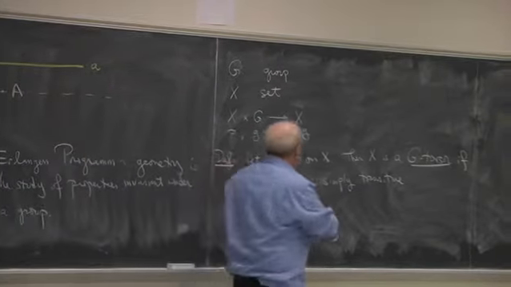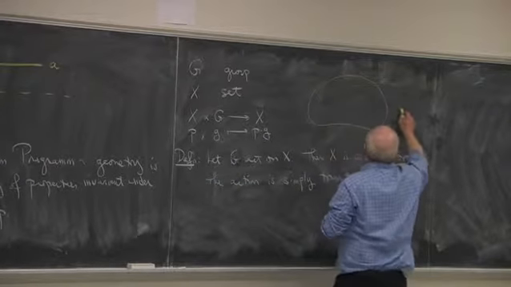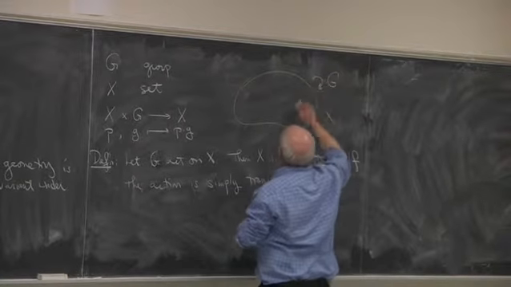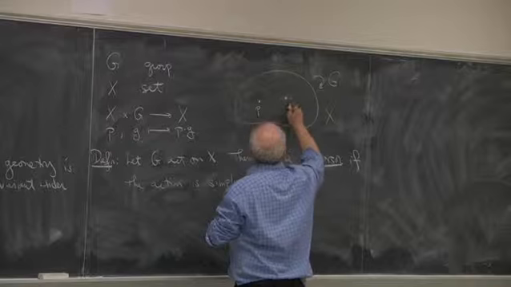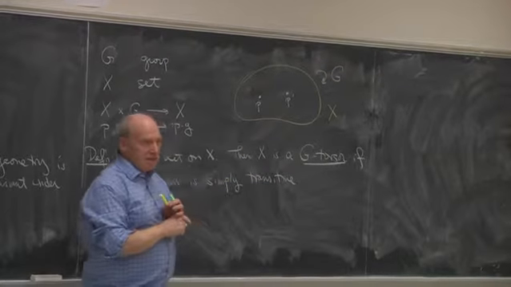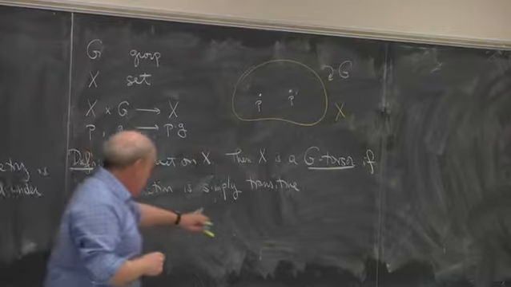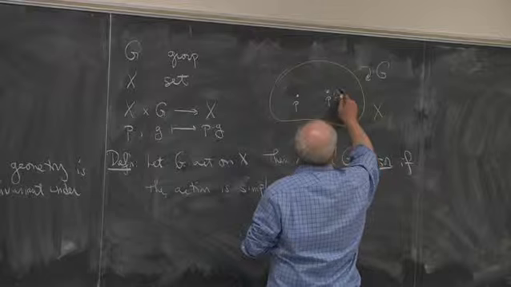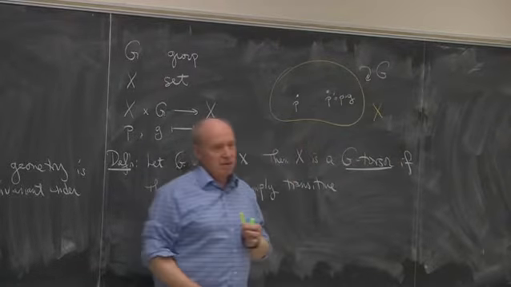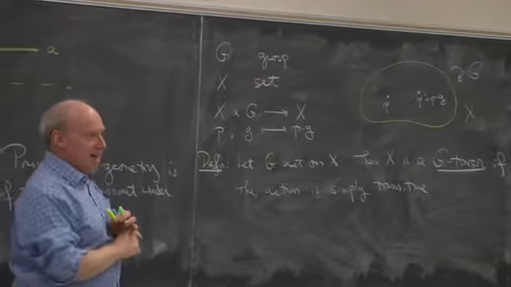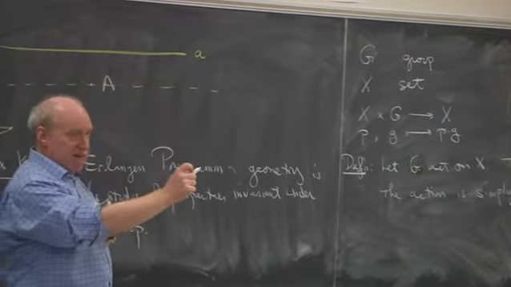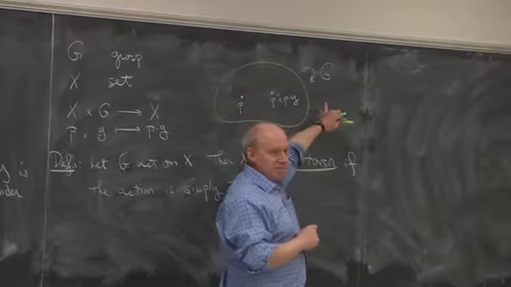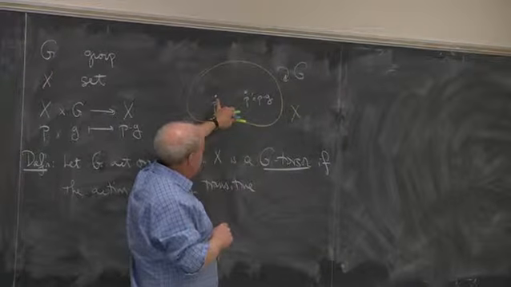Well, I have some set X, and I have some group G acting on it. And imagine that I have two points, P and P prime. Saying it's simply transitive is two statements, simple and transitive. The transitivity says that I can write P prime equals the result of acting by G on P. So that's the transitive action: we can get from any point to any other by a group element. And the simple means that this G is unique. So every non-identity element moves every point.